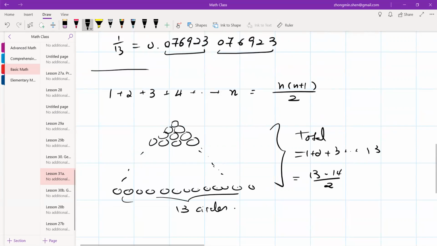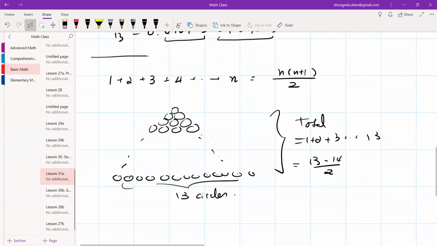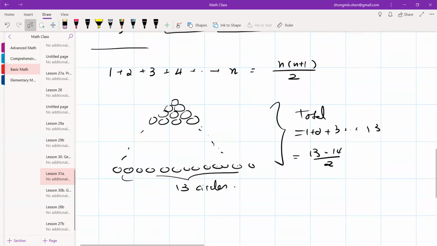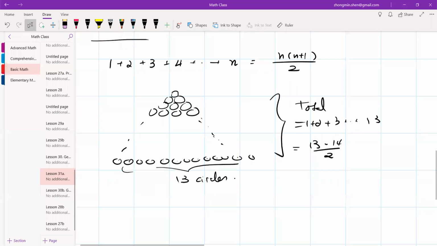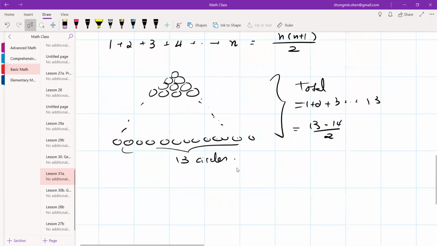That is the answer, n times n plus 1 divided by 2. As long as you see it increases by 1 each row, then you know the last row has how many circles, and you can use that formula to find the total number of circles.